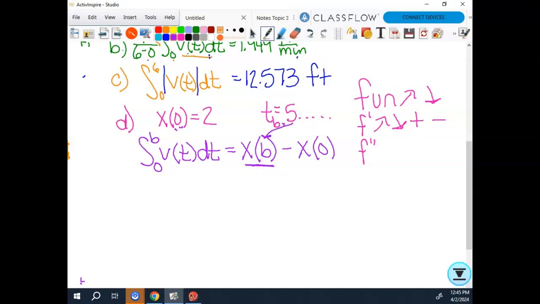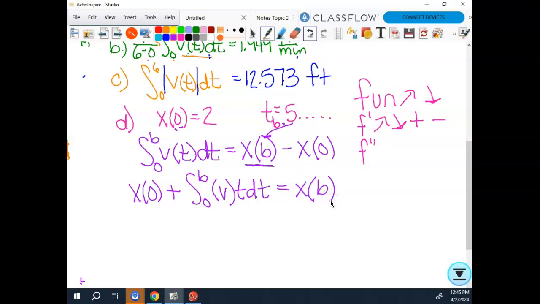So remember, it is the initial position plus the change in position that gives me that final position that I'm looking for. This is what I need to know. I know this one. What is this? 2.